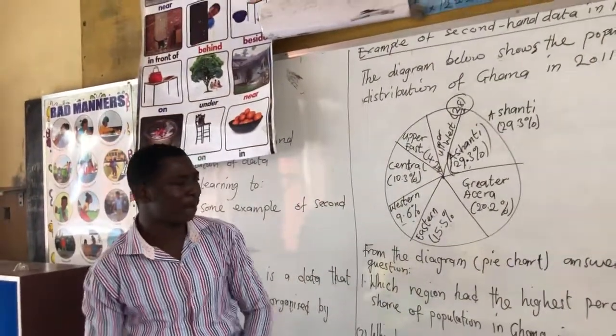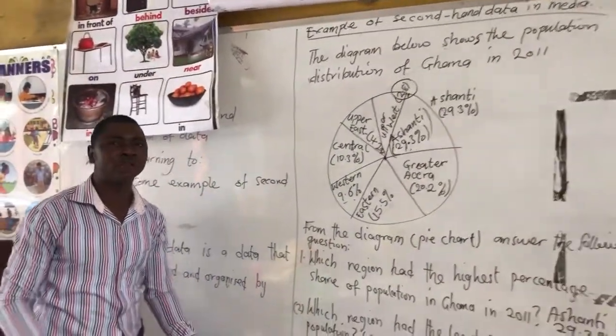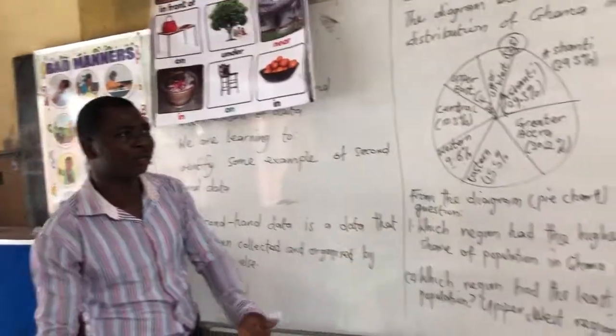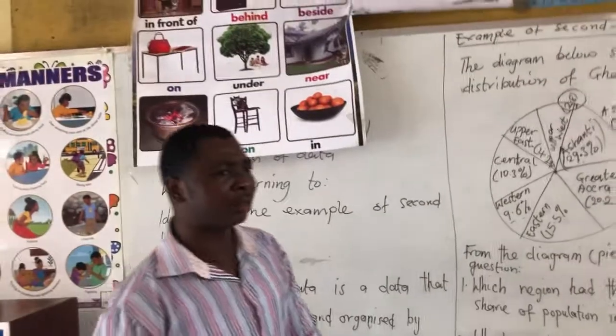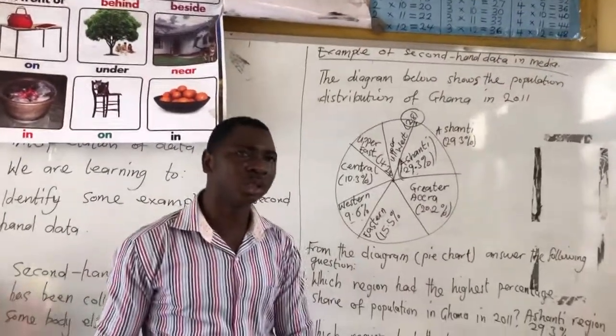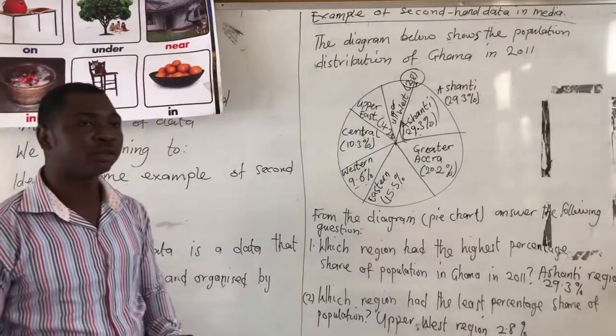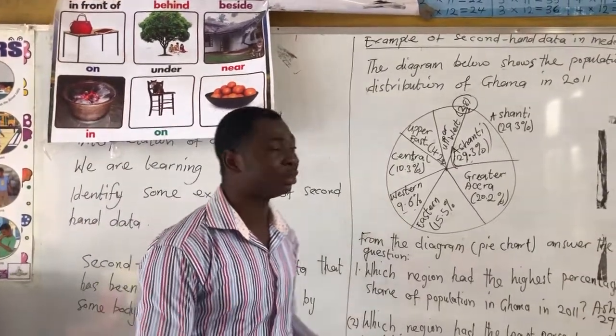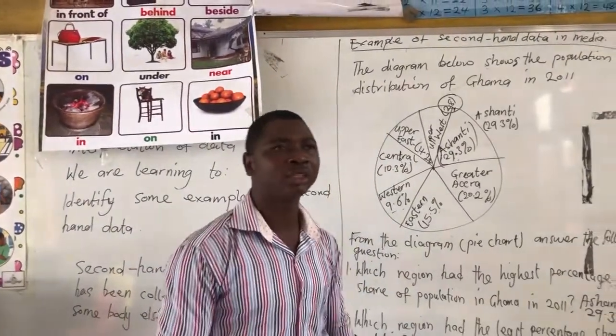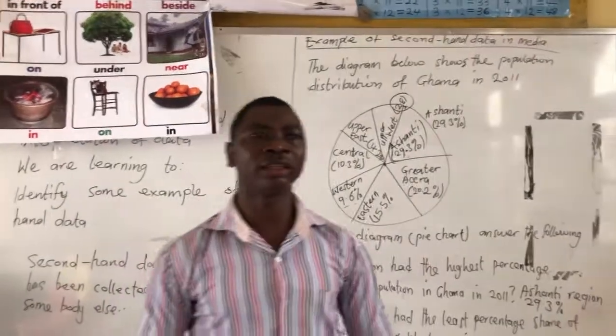You can be asked different questions and you interpret them, and you answer them by interpretation. So what have we learned today? You have learned about second-hand data, and you gave an example of second-hand data. So study hard for me. We meet again. Goodbye.